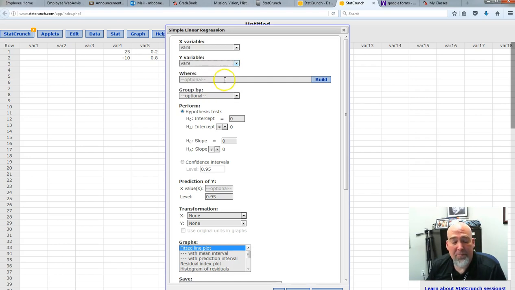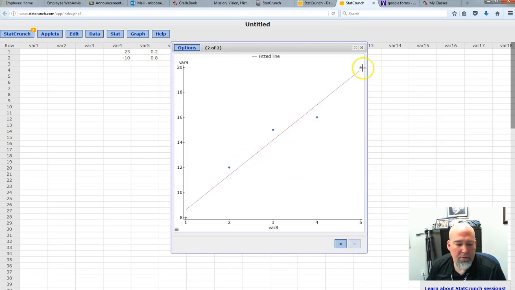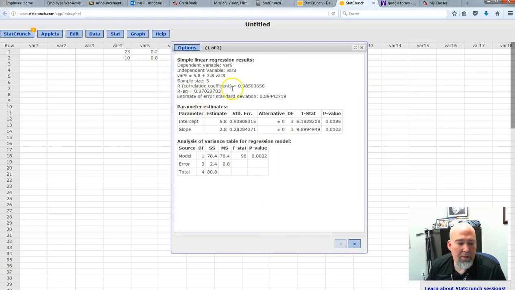You may have to input some data and just not transfer it over to StatCrunch. If I hit compute, it's going to give me a picture of the graph, so I see the line of best fit. It also gives me my correlation coefficient, the 0.985.